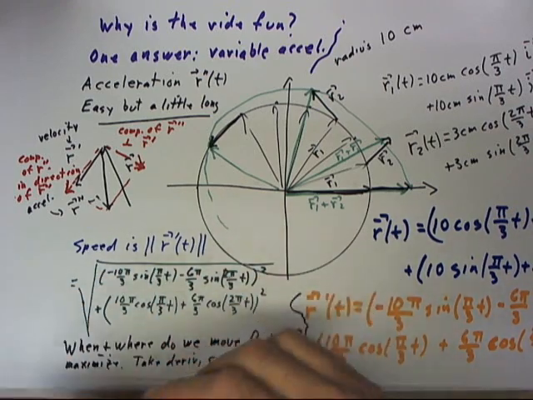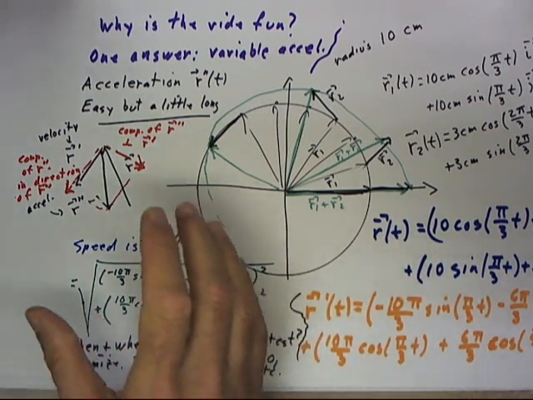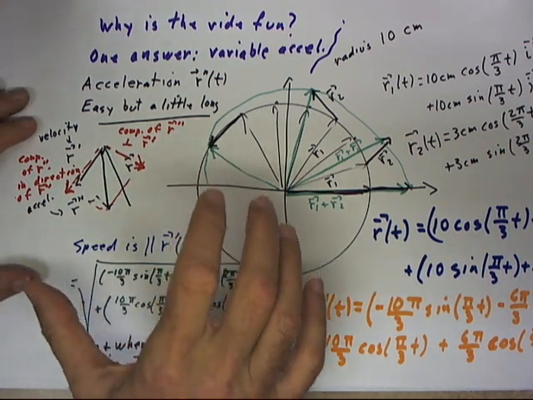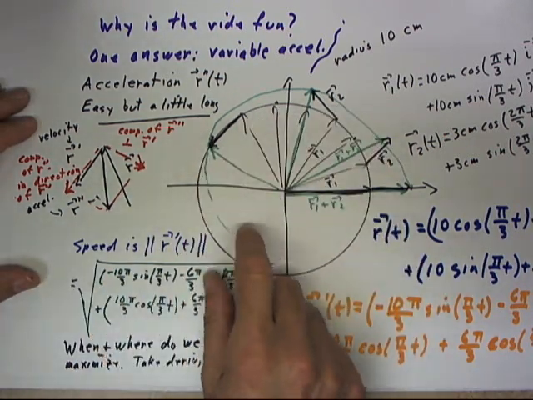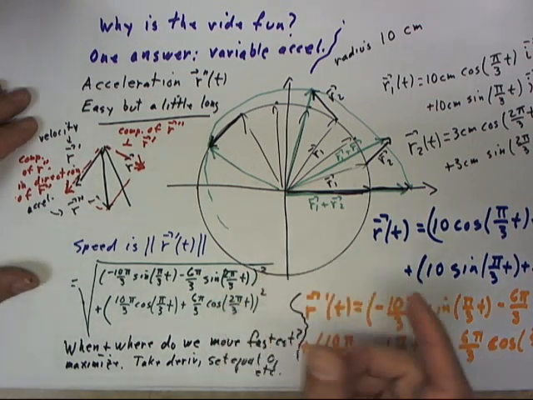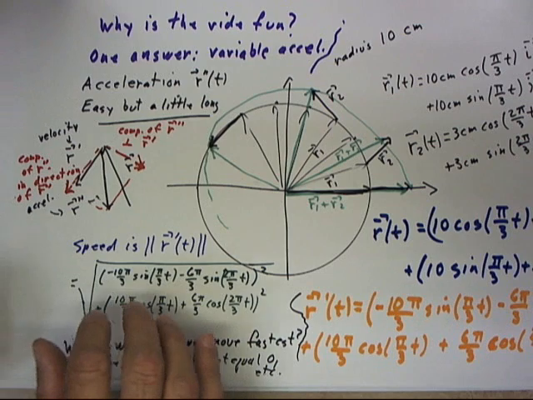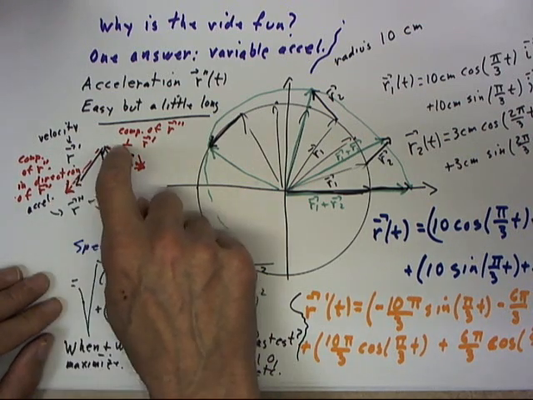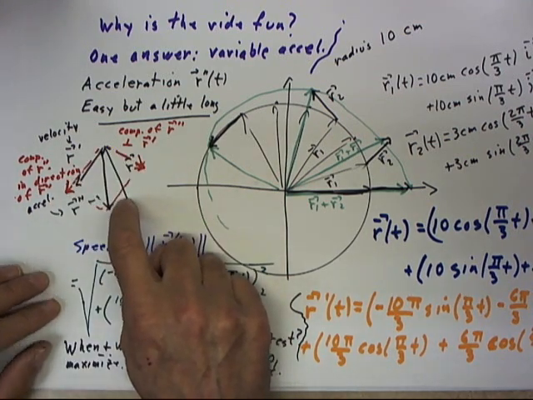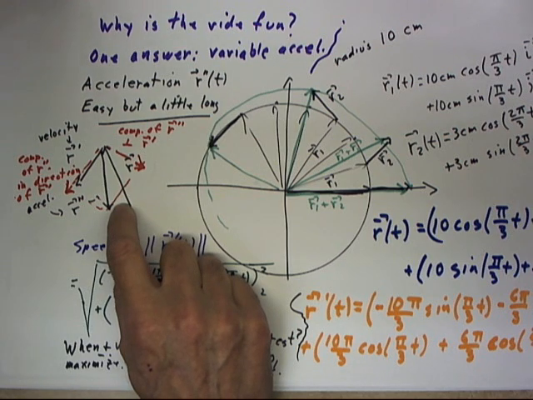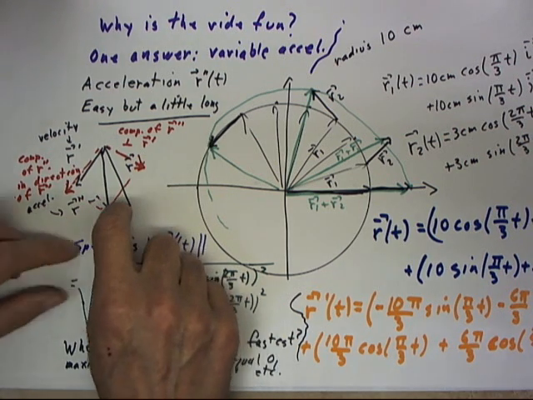So that using vector techniques that we learned previously in the course, we can gain a tremendous amount of information about this motion, which could be valuable in, for example, designing the apparatus. We don't want these accelerations to be too great, because the greater the acceleration, the greater the forces the various components are going to experience, and one of those components is, of course, the rider, whom you don't want to injure.